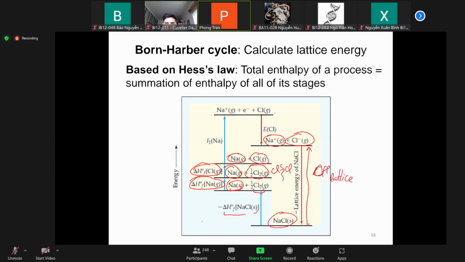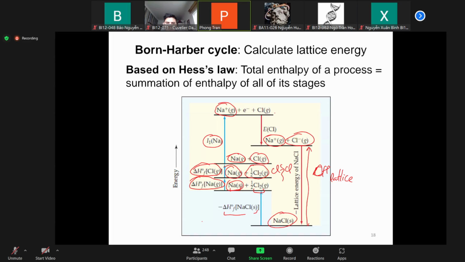From the sodium gas, which is a neutral atom, you need to remove 1 electron, so you have the ionization energy of sodium. You have sodium cation gas plus 1 electron.